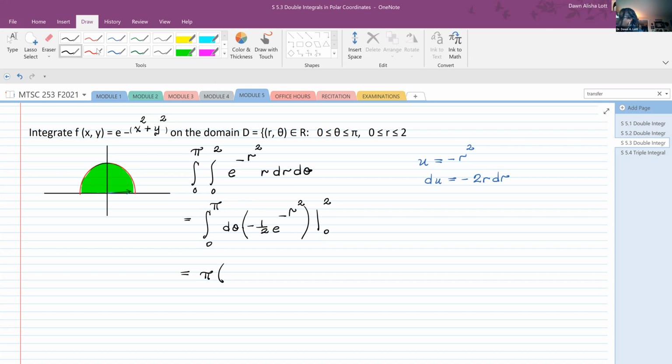So r dr becomes negative 1/2 du. When you substitute everything back in, negative 1/2 pops out. Okay, I see what you did. Thank you.